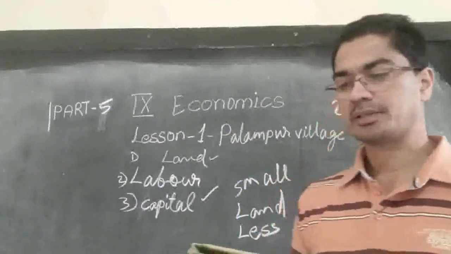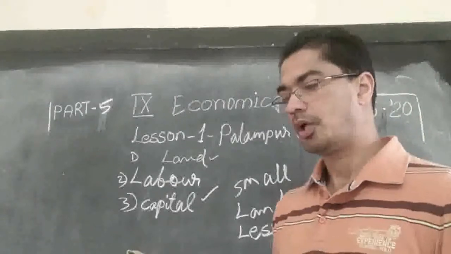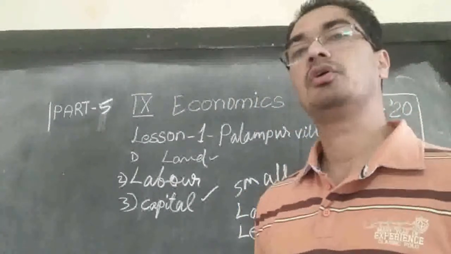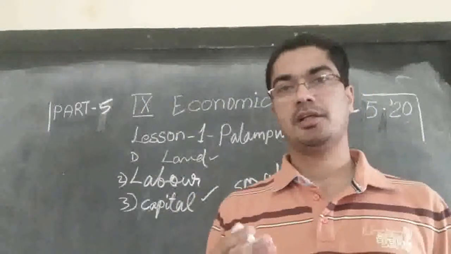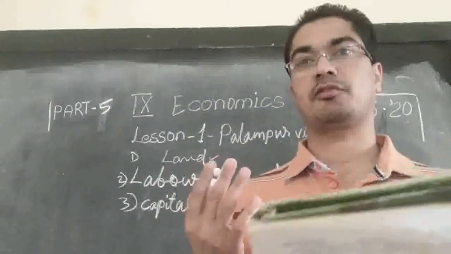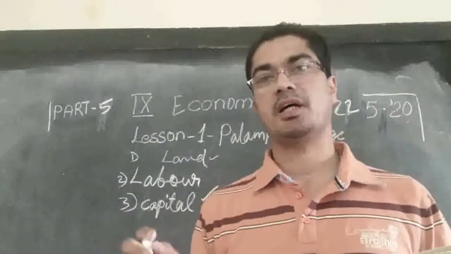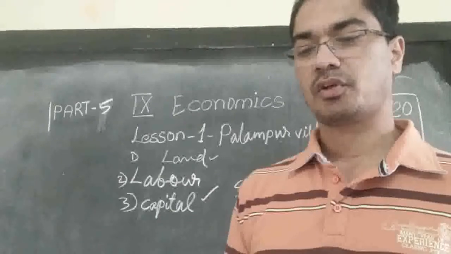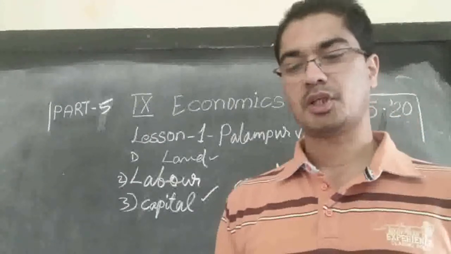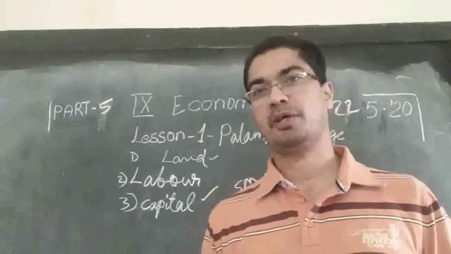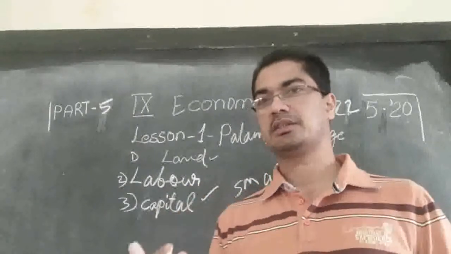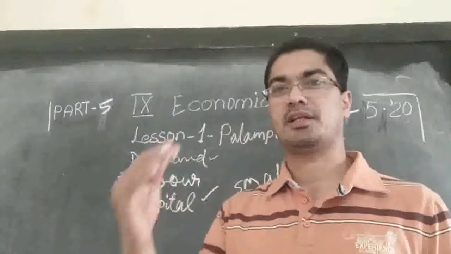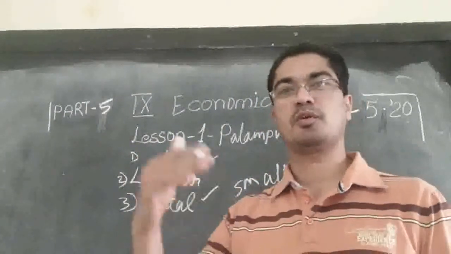To make the maximum use of the existing land, farmers use dash and dash. So the land is limited, and in order to get the maximum product from that small piece of land that they have, they use some methods. What are the methods they use? One is multi-cropping. We can plant more crops in the same place. First we will plant one crop, after the harvest we will plant another crop, after the harvest of that one we will plant another one.